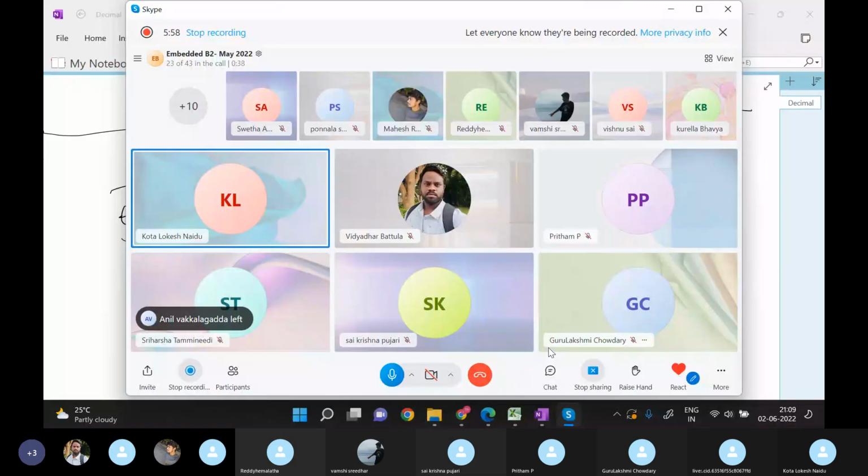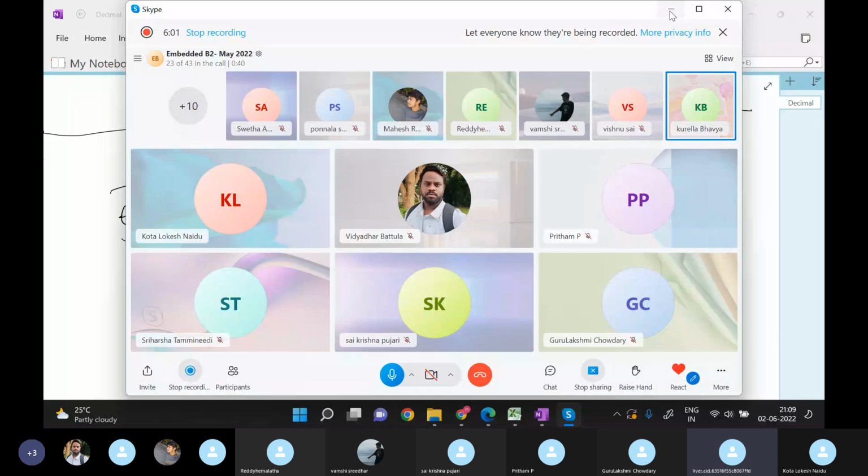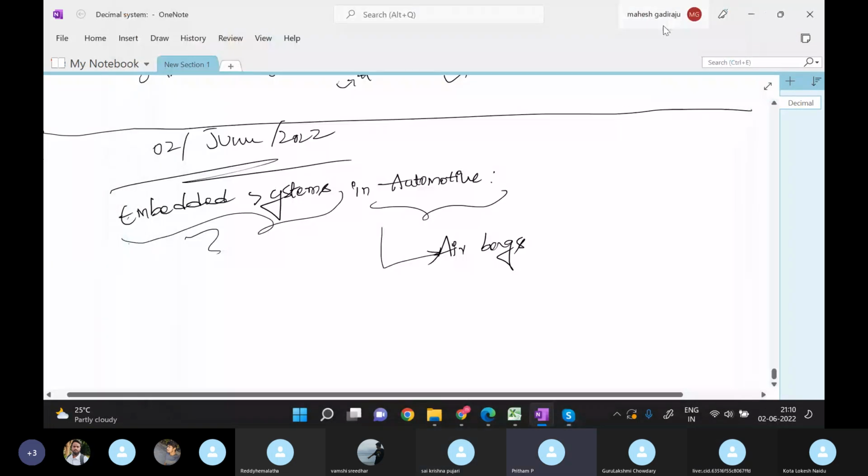Now at least you could see? Yes, blank space. You can see my notepad? Yes.